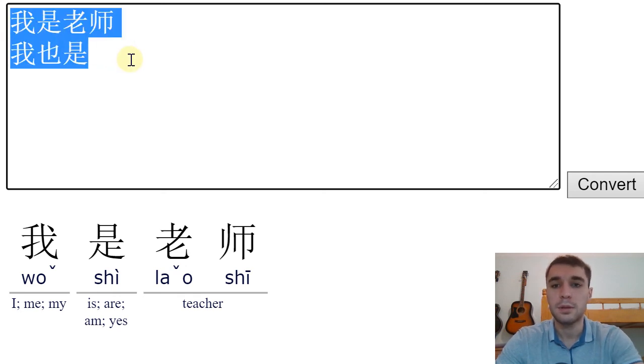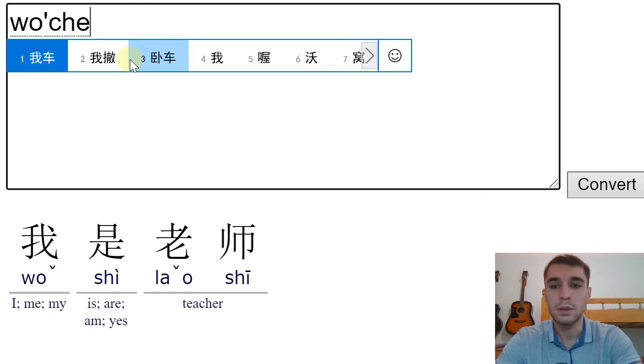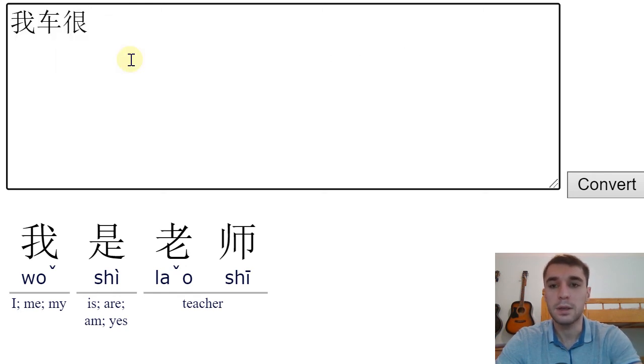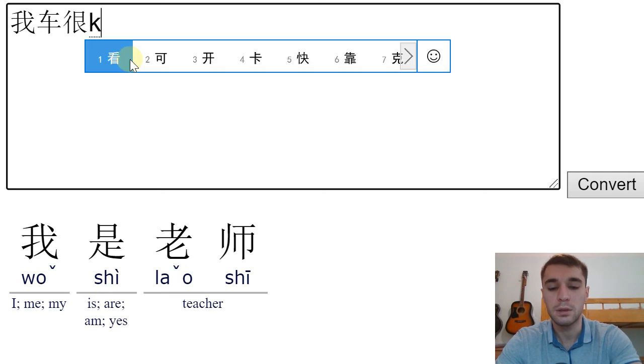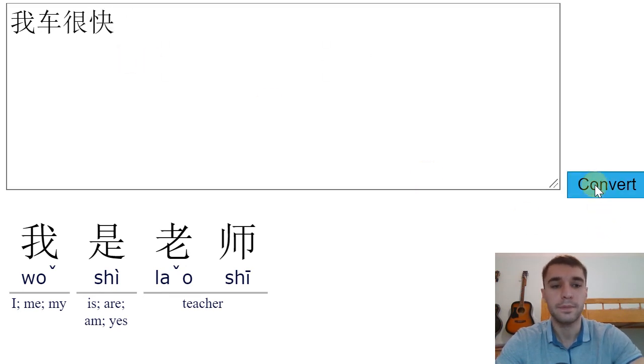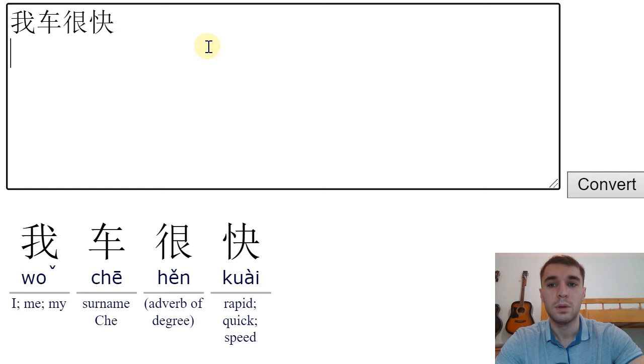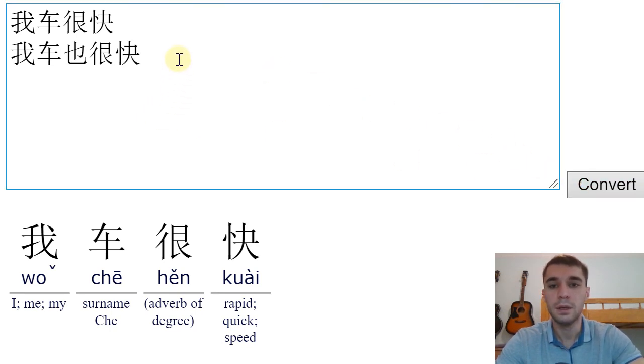Say for me that my car is fast. 我车很快。My car is fast. 我车也很快。Okay.